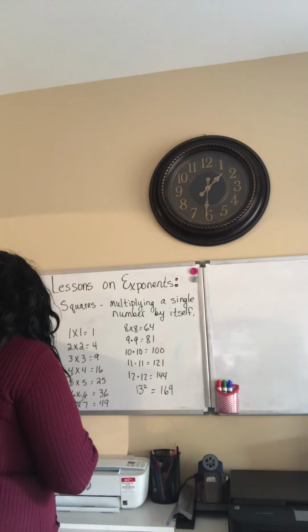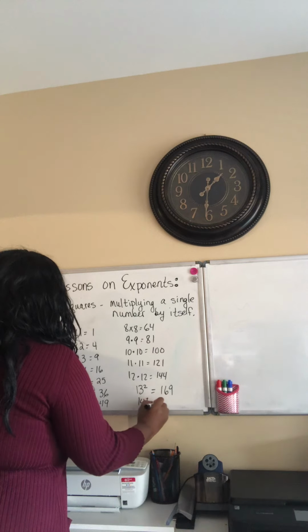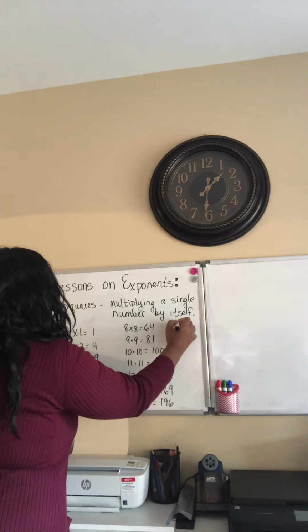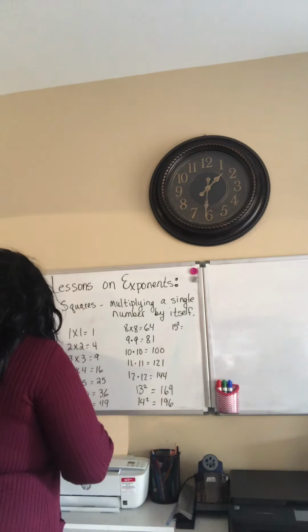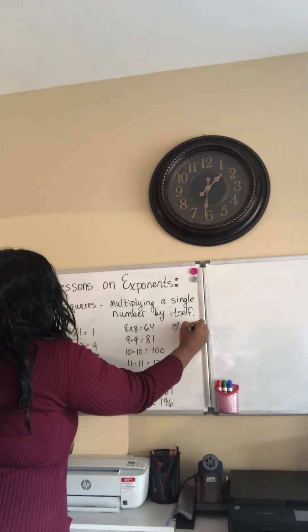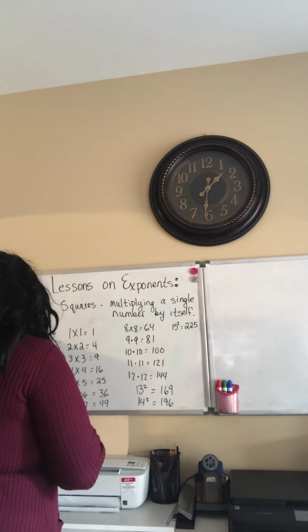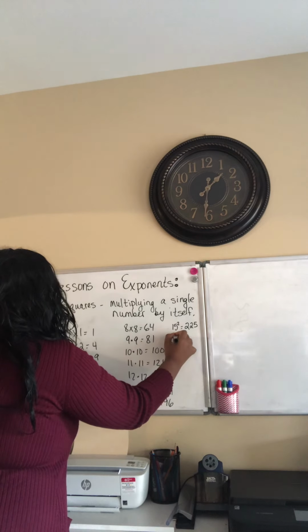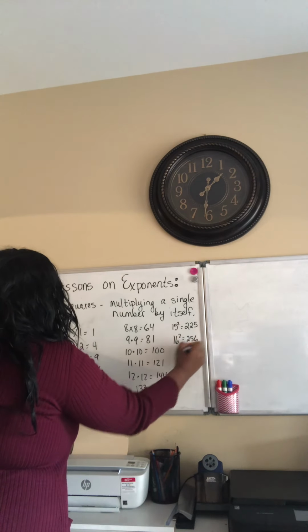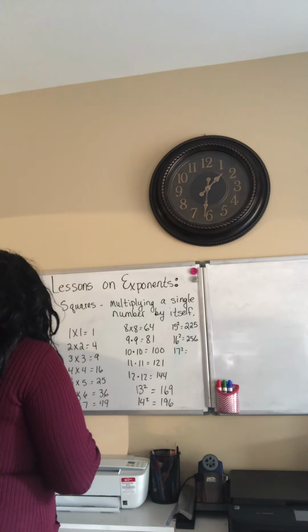And you have 14 squared, which would be 196. 15 squared should be 225. 16 squared, 256. 17 squared should be 289.